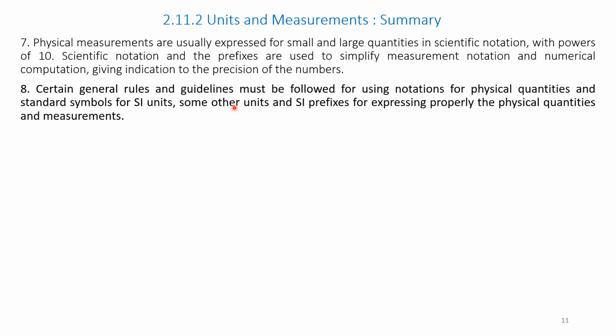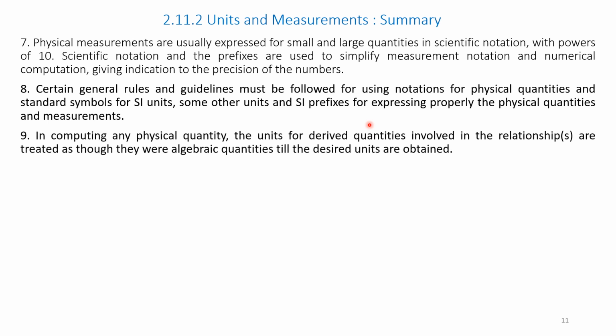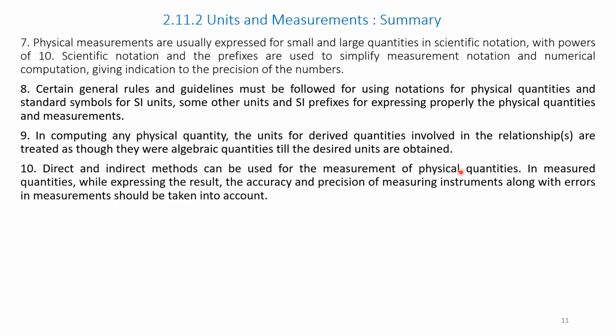Certain general rules and guidelines must be followed for using notations for physical quantities and standard symbols for SI units, some other units, and SI prefixes for expressing properly the physical quantities and measurements. In computing any physical quantity, the units of derived quantities involved in the relationships are treated as though they were algebraic quantities till the desired units are obtained.